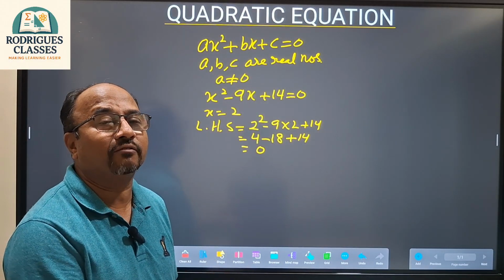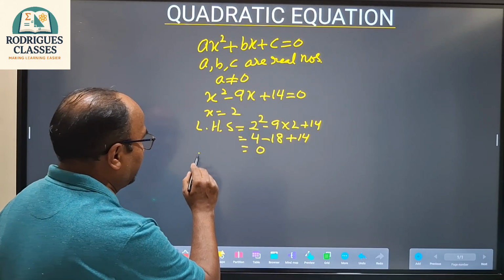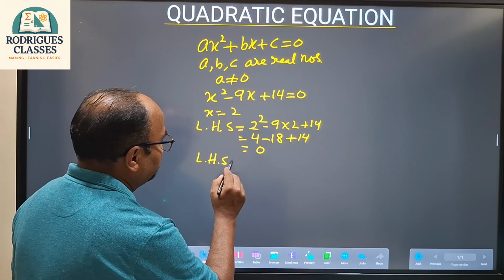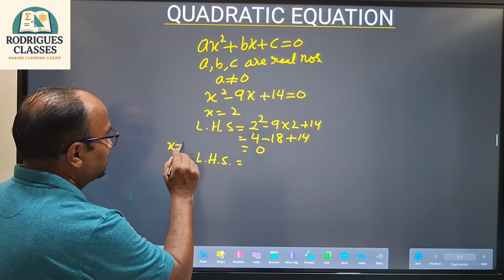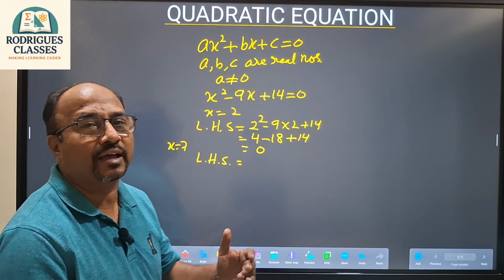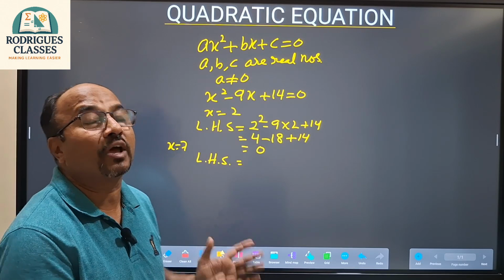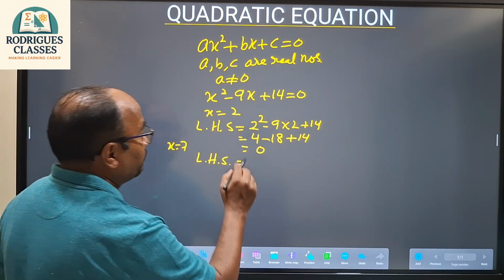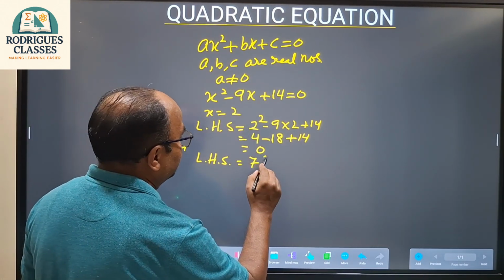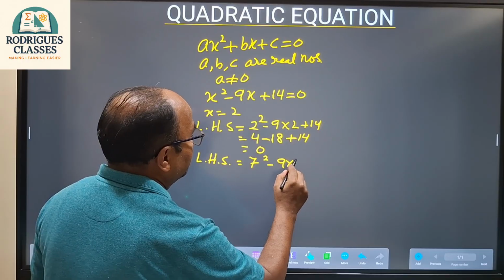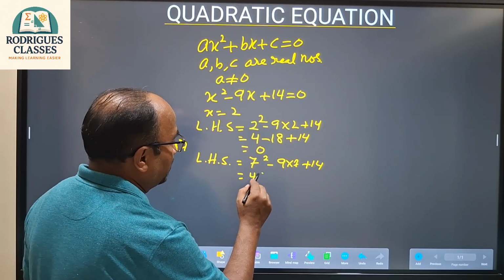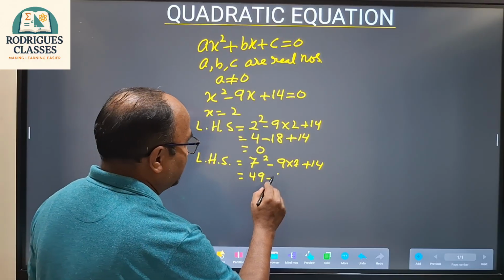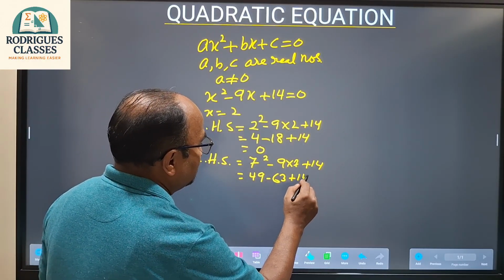As I have told, there will be two solutions. So let me take another value. Here I will take x equals to 7, because I have taken an equation where I know the roots, so I am putting those values. If I put 7 in place of x, I get 7 square minus 9 into 7 plus 14, so this is 49 minus 63 plus 14.